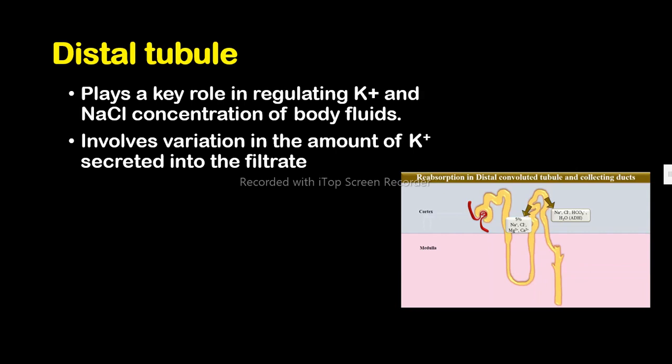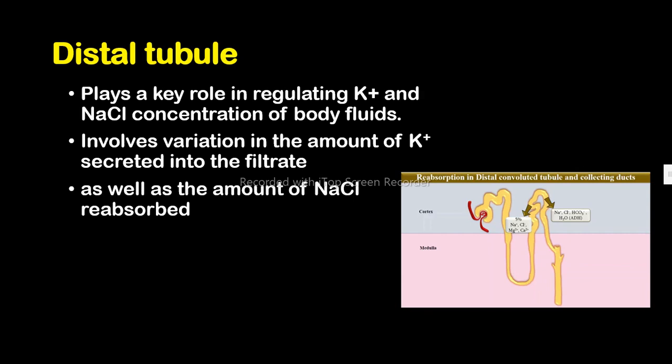In the distal tubule, here we have the secretory cells that will release the potassium ions from the interstitial fluid into the renal filtrate, and then in the process, more sodium ions will be absorbed from the filtrate into the interstitial fluid.